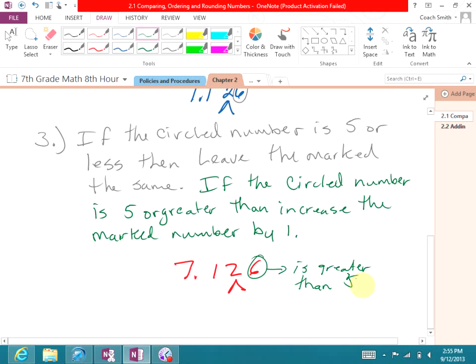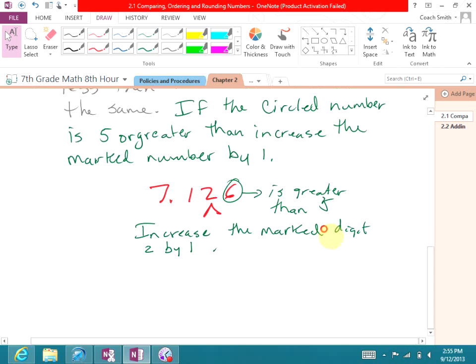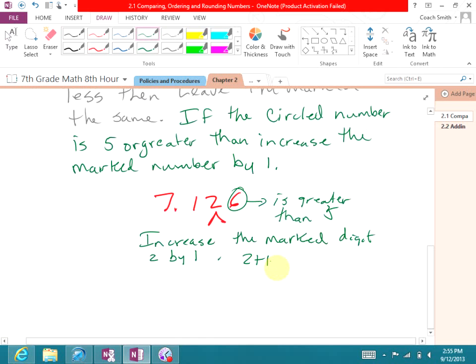So therefore, I'm going to increase 2 by 1. So I'm going to have 2 plus 1, which is 3. So my new number is 7.13. Okay? We make that a 0, but since it's a decimal, that 0 is not needed. You don't need to have that on the end of the number. Okay?